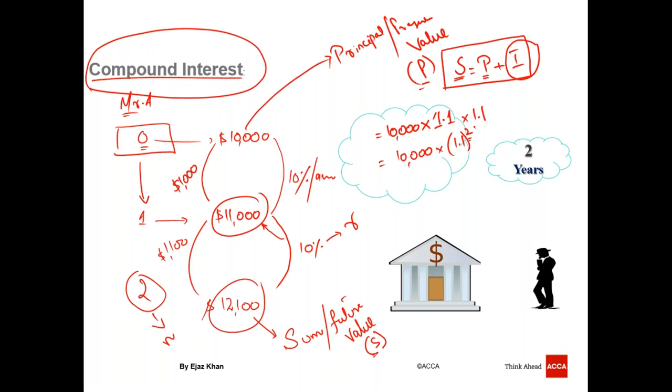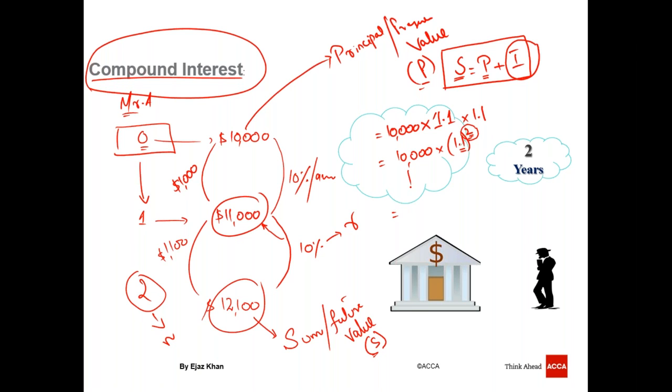Since the number of periods is 2, we have placed 2 here, but not in every case because the projects will have different lives. So this will be a variable denoted by N. The rate of interest will also change in the question. Therefore, it won't be 1.1 every time.